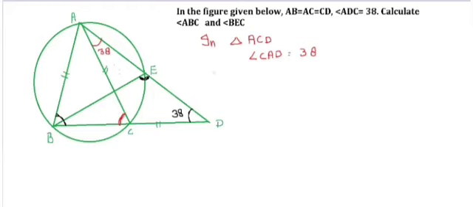This will be the exterior angle and the sum of these two. So I can write angle ACD is equal to 38 plus 38, that is 76, because it is the exterior angle of triangle ACD. Now angle ABC will be 76, because ABC is an isosceles triangle. So this is also going to be 76 and this is also going to be 76. Now from here we can calculate this angle.